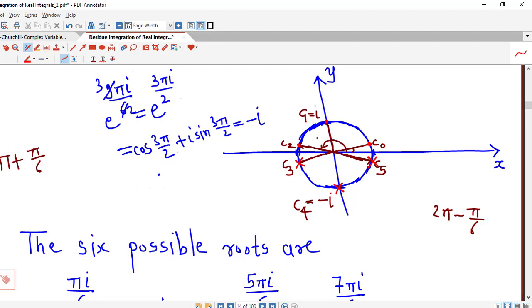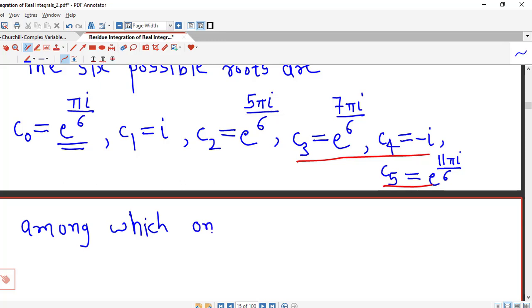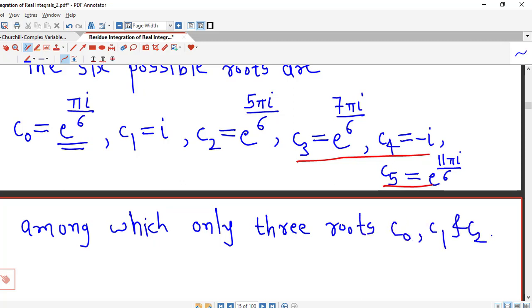So C0, C1 and C2 are in the upper half plane, and these 3 are in the lower half plane. So we can write among which only 3 roots C0, C1 and C2 are in the upper half plane.